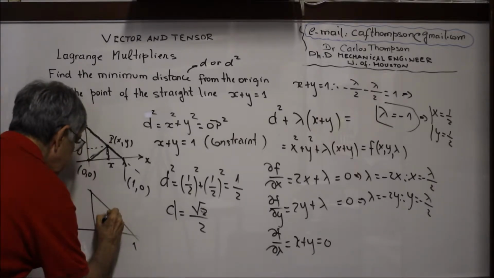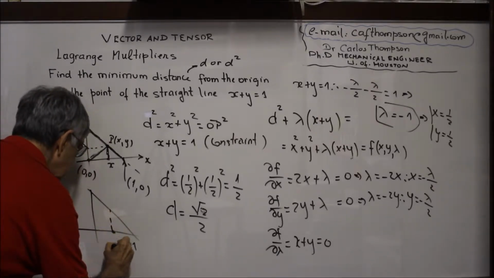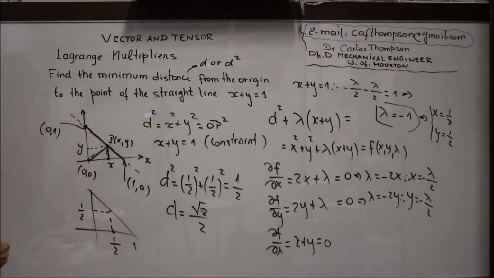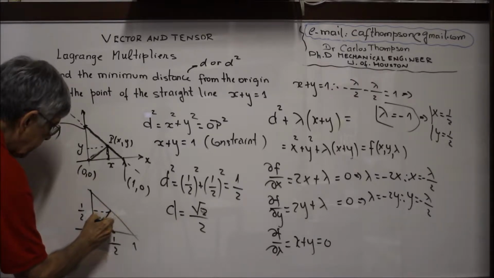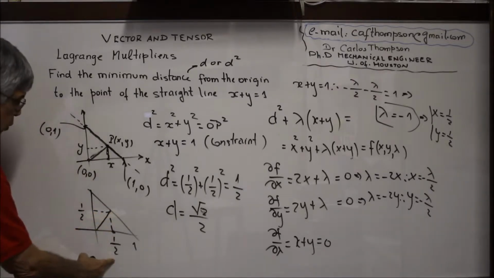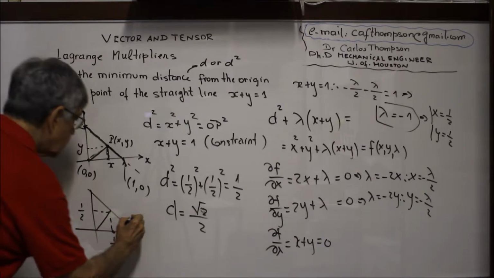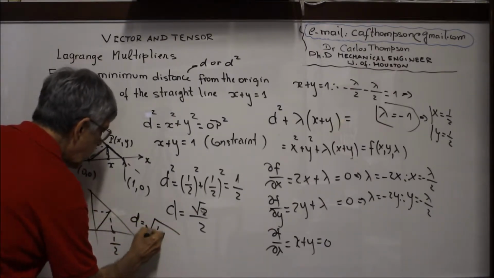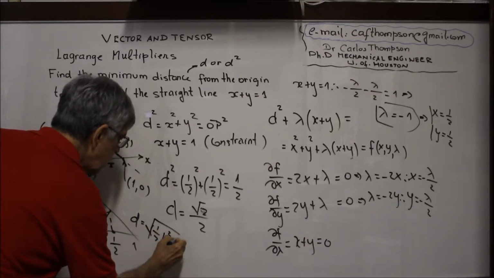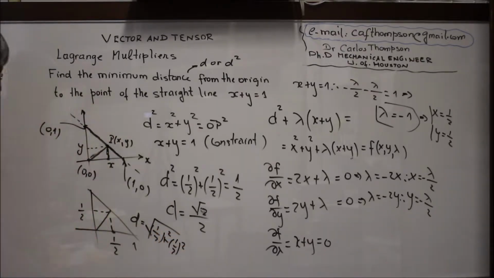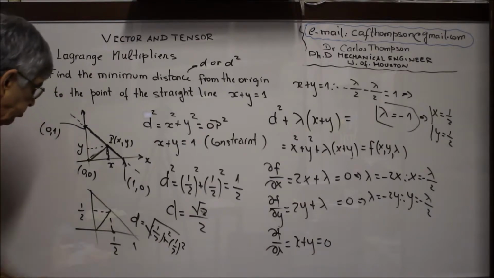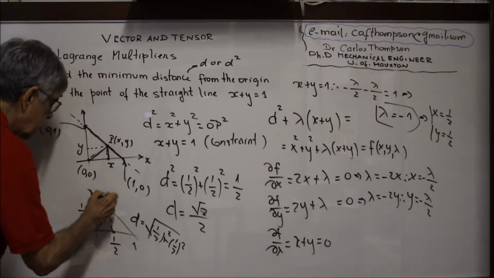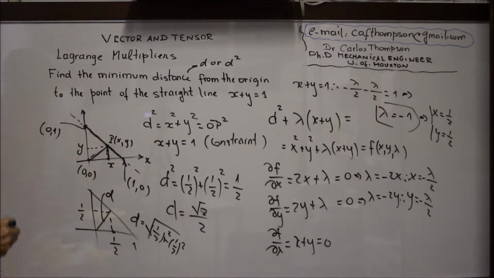So this distance here is the minimum distance. d is equal to the square root of (1/2) squared plus (1/2) squared, which is square root of 2 over 2. So that's the minimum distance.